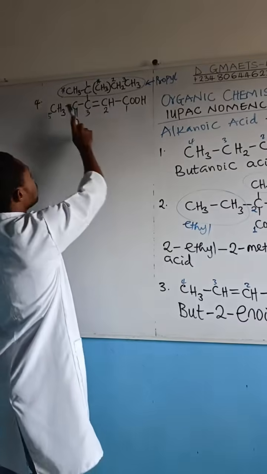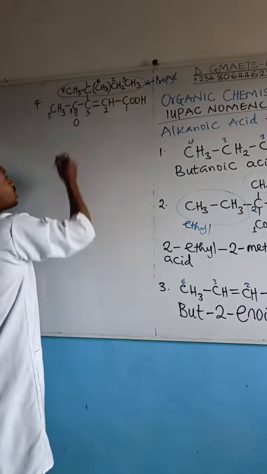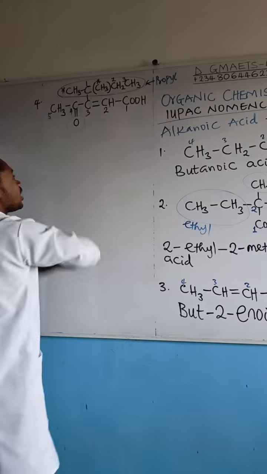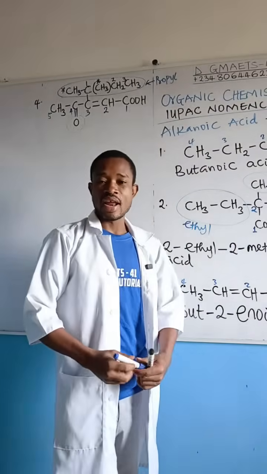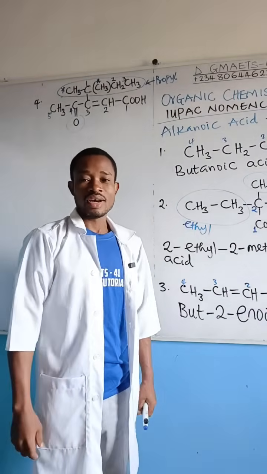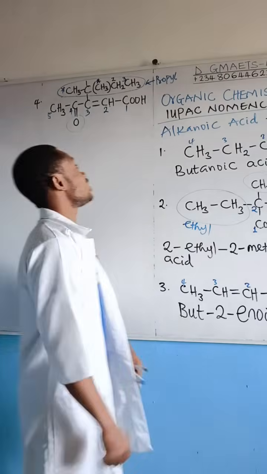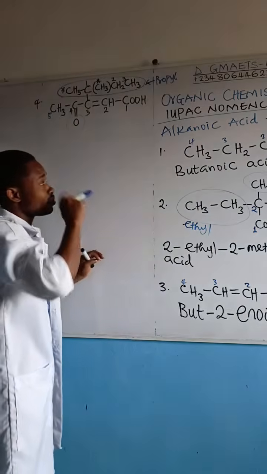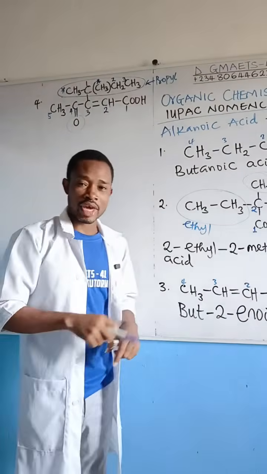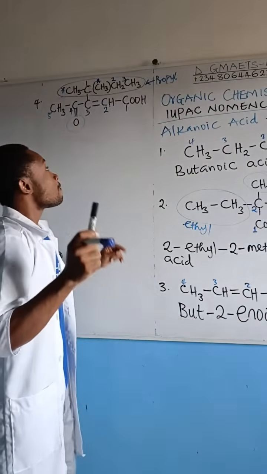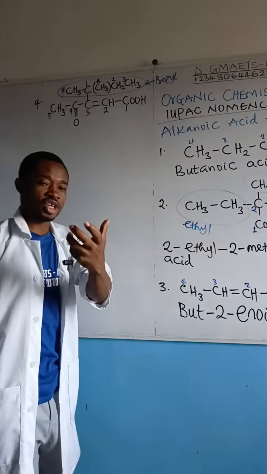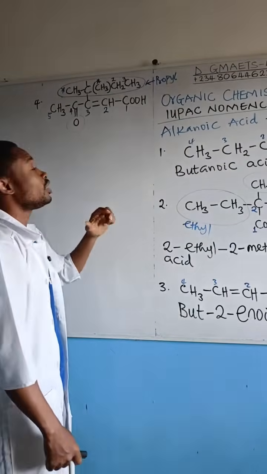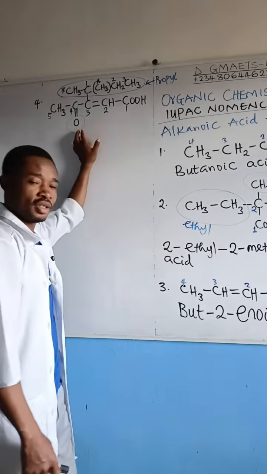We have this attachment here. Then the next attachment is this guy. That's the next attachment or substituent. Oxygen is oxo, and that is on carbon number 4. So now let us give the name, okay? Let's give the name. I'm going to ask you, if I give you a dictionary now, and I said, okay, locate oxo for me.